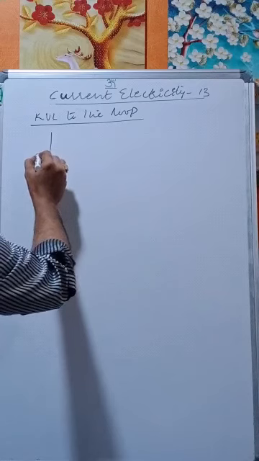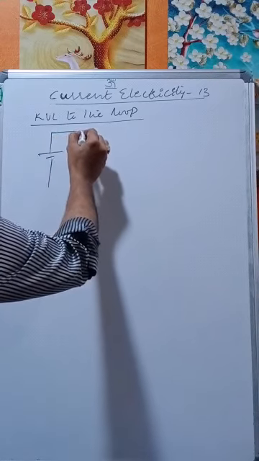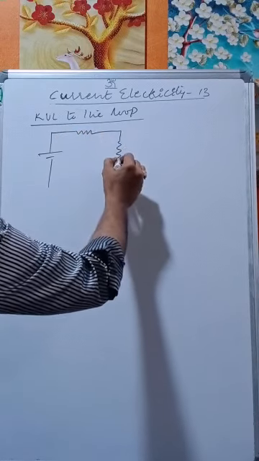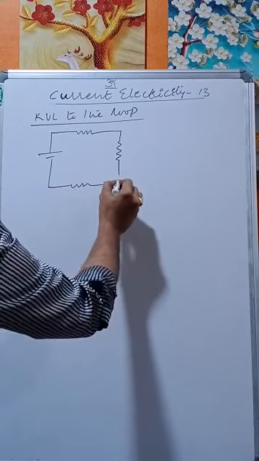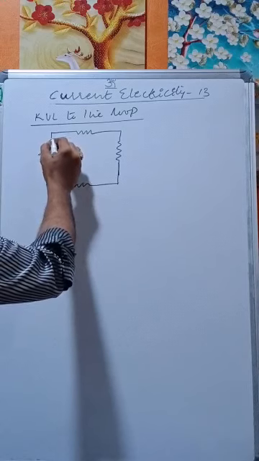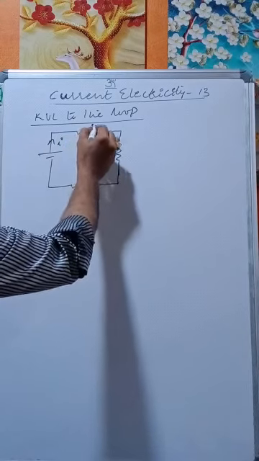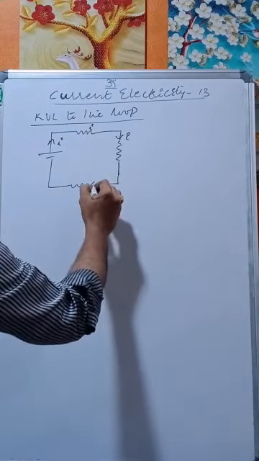Let us take this circuit. The current is flowing like this, the same current I through each element.